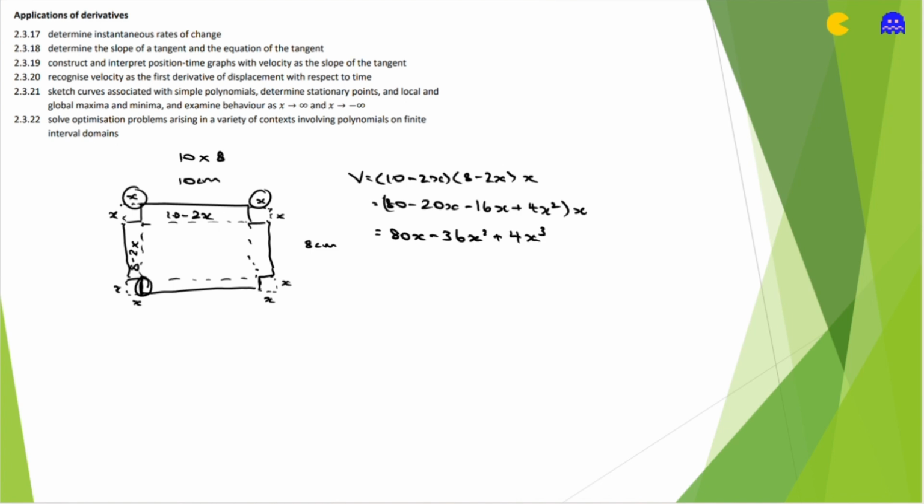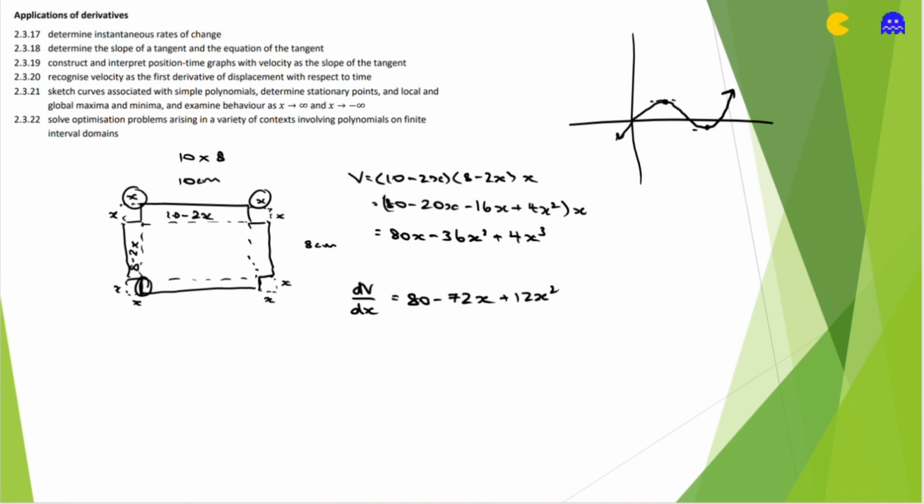I'm just going to draw up this graph one more time, just to make things a bit clearer. Now if we find our derivative dv/dx using the power rule, we get 80 take 72x plus 12x squared.